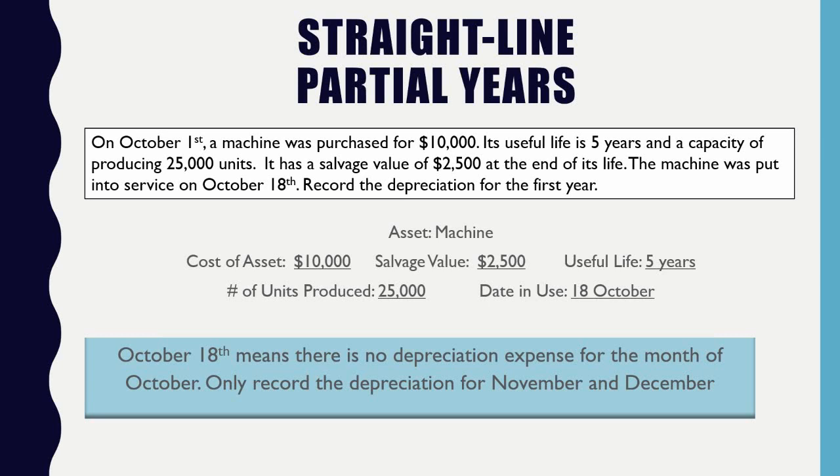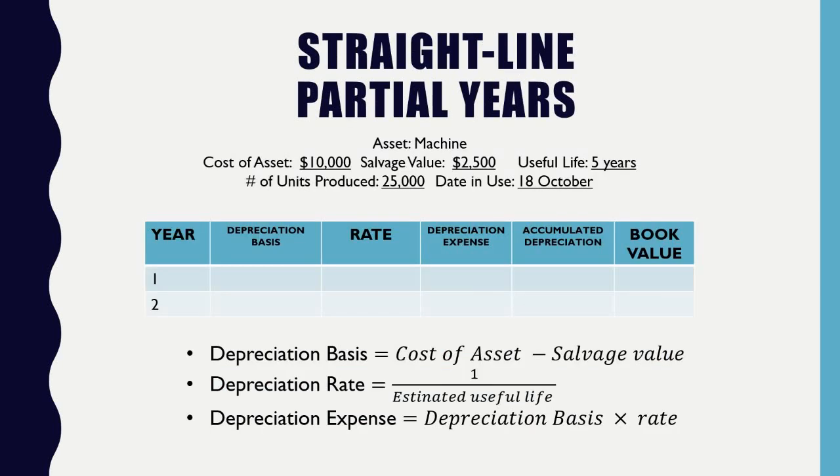Since it's less than 50% of the month, if it didn't fall between the 1st and the 15th, and it fell after it, that means it's definitely less than 50% of October. So I need to only depreciate it for the months of November and December, so only 2 months.